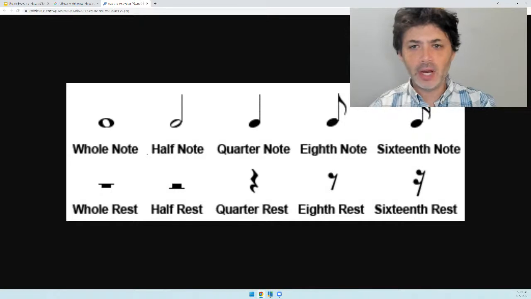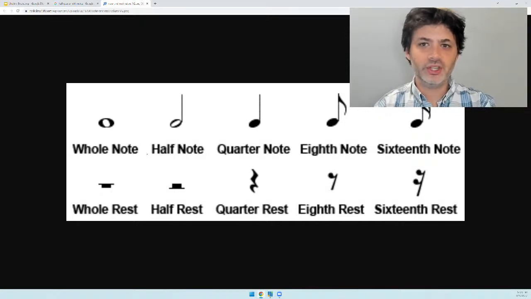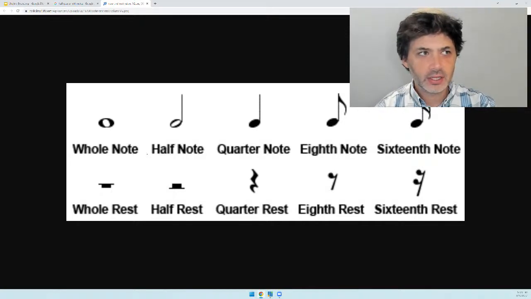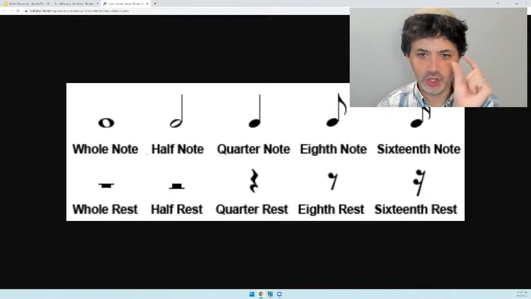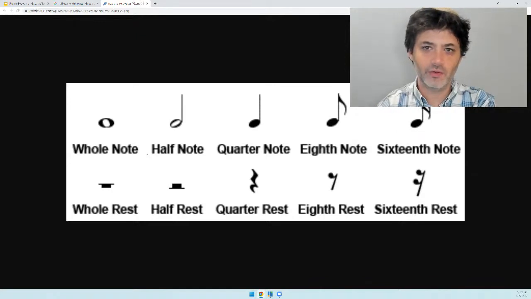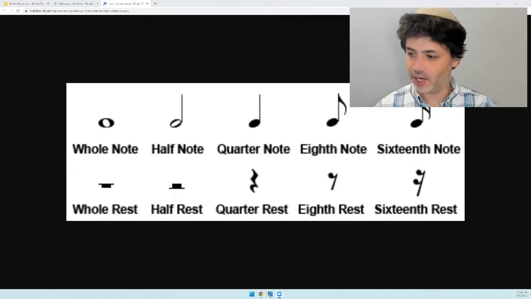Actually the bottom number in the time signature tells us which of these is the main unit. In 3/4 or 4/4 time, the quarter note counts as the main unit. 4 quarters equal a whole. Again, not terribly important for what we're doing, but it still makes some sense. Any questions on that before we continue?